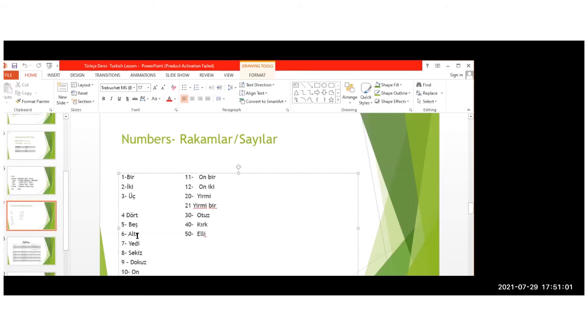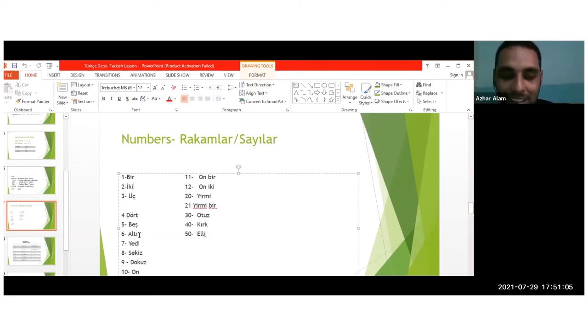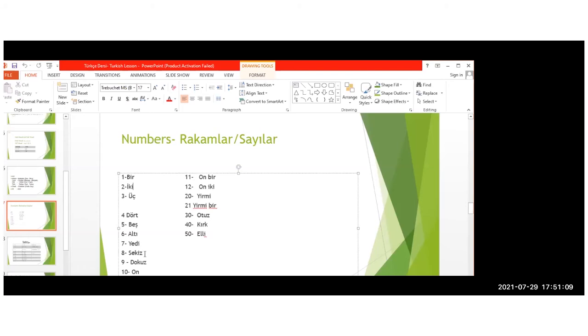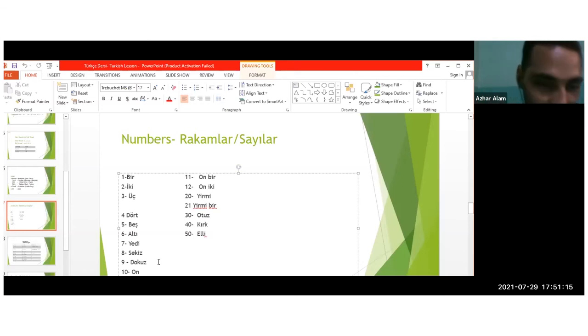Bes. Alti. Yedi. Sekiz. Dokuz. On. So we are just going 1 to 10, and then 11 to 19 is very easy.